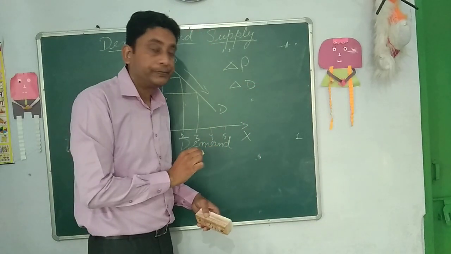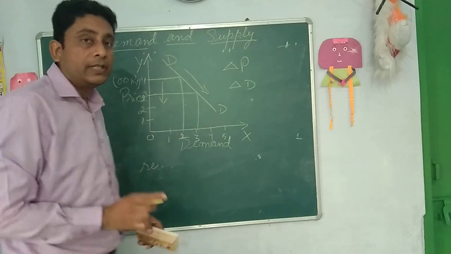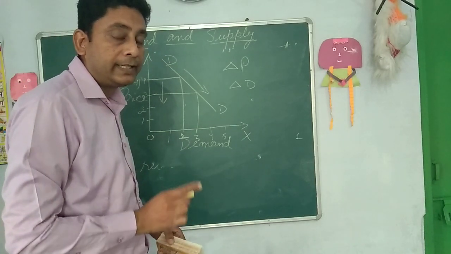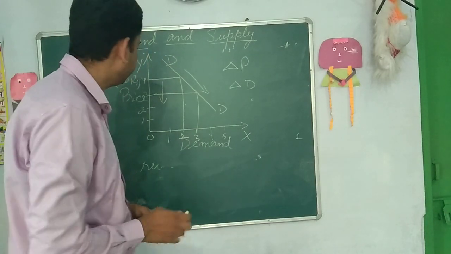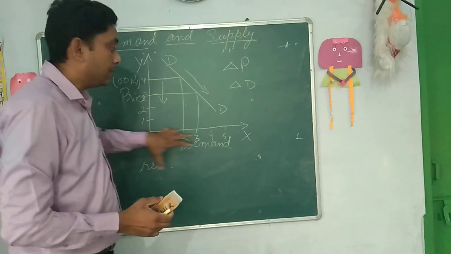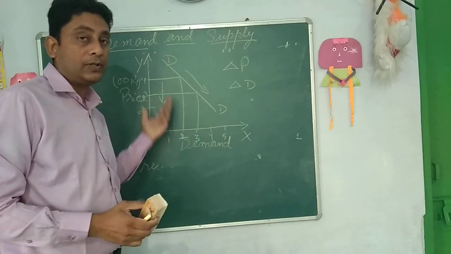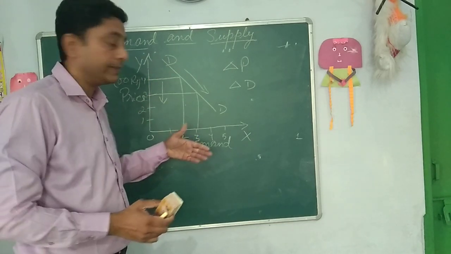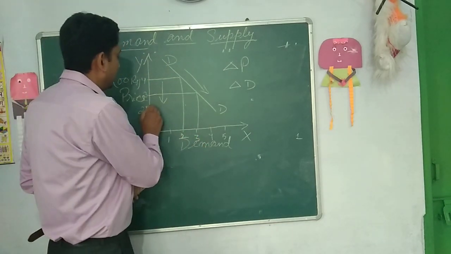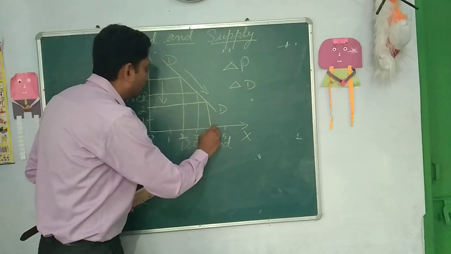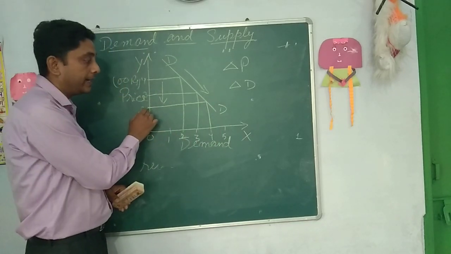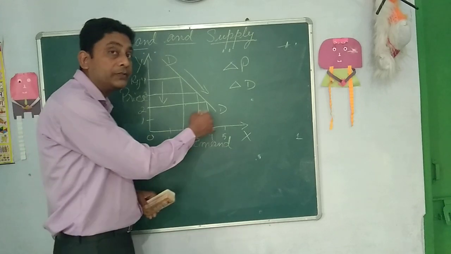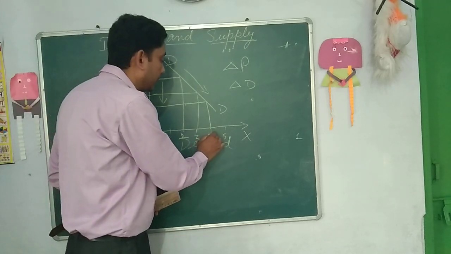Demand will change. Price has an inverse relationship with demand. As price increases, demand will fall, but as price falls, demand will increase. Suppose it's at 200 rupees, then demand will increase further to 4 units.